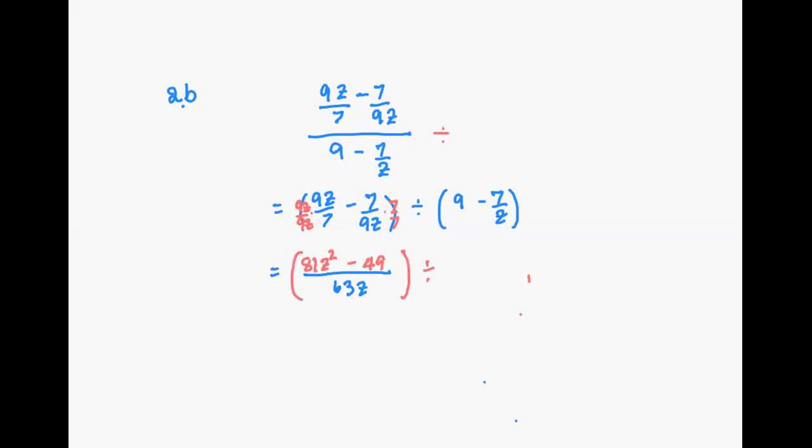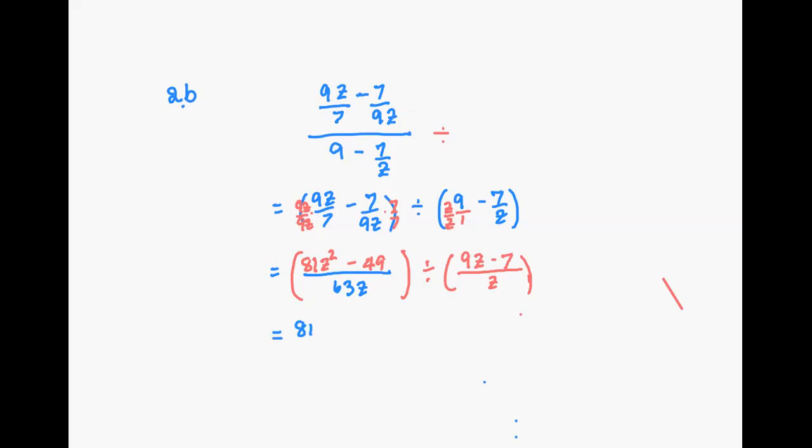Similarly for the second quantity, the common denominator is z, or z times 1. So we multiply the number 9 by z over z, and we get 9 times z minus 7. As we have a quantity divided by another quantity, we are going to rewrite the division as multiplication.